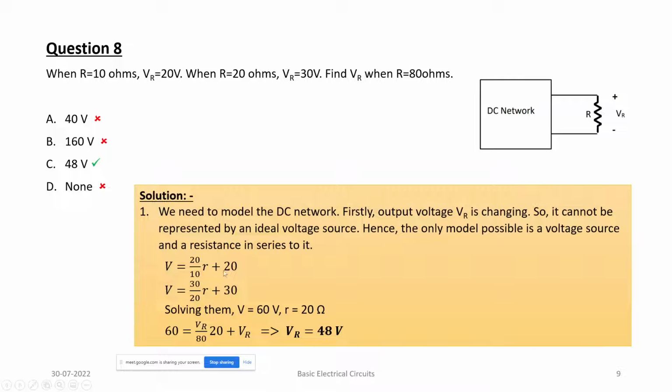So it's 20 by 10 into r plus 20, and the second equation will be V equals 30 by 20 into r plus 30. Solving these two equations, we get V equals 60 volts and small r equals 20 ohms. And from here, if we have a load resistance of 80 ohms, we can calculate the load voltage to be 48 volts. Any doubt?